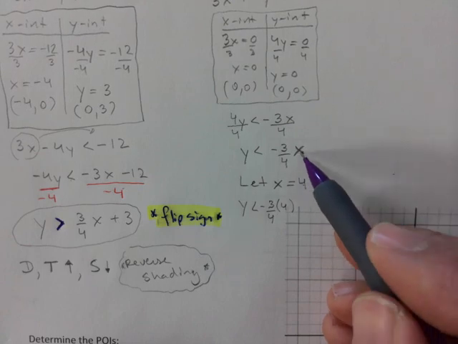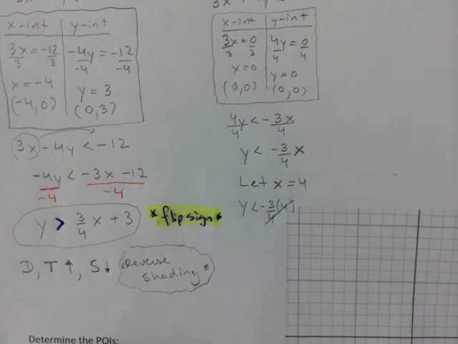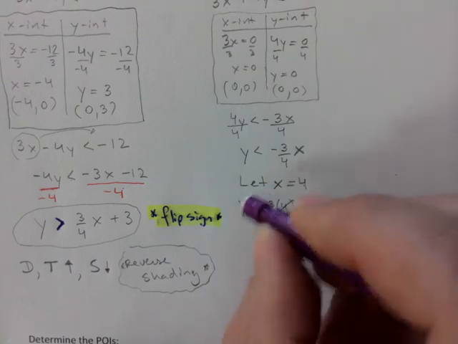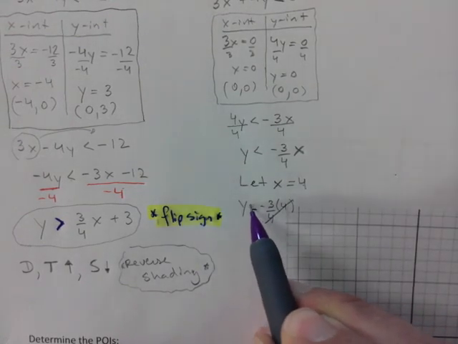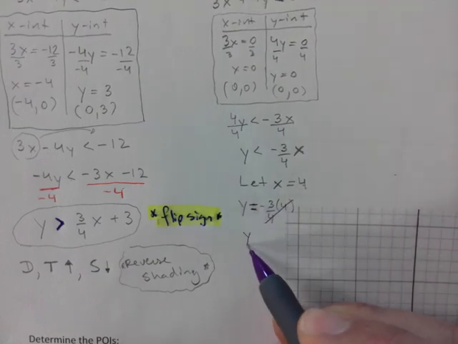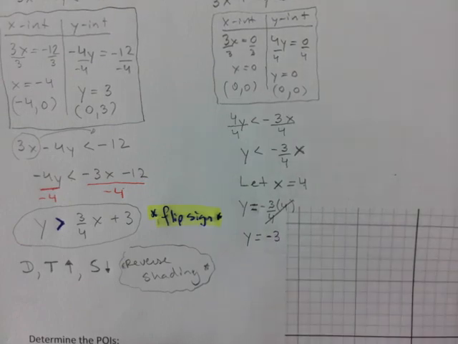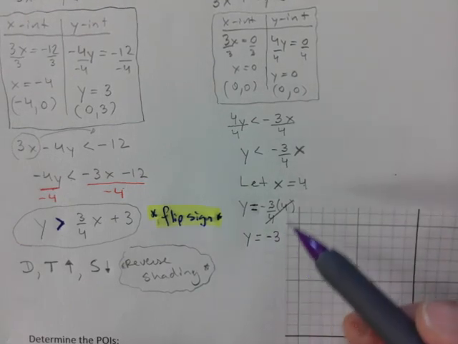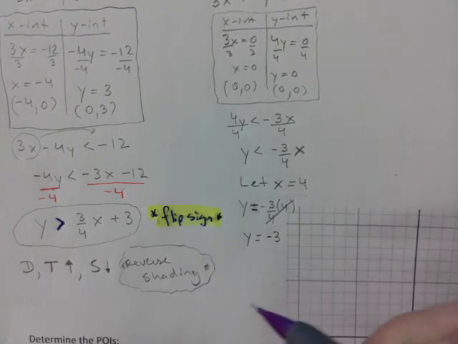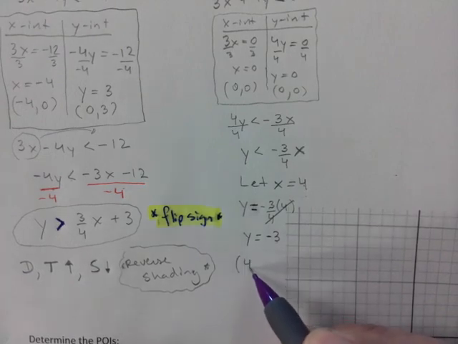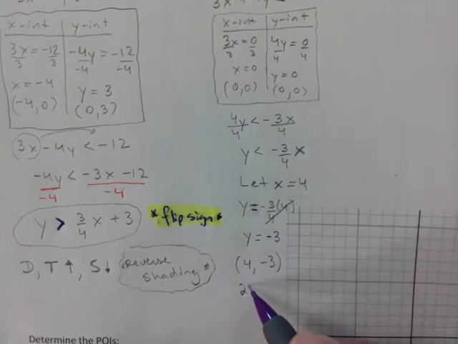I'm plugging 4 there, which cancels. Oh, sorry. For this step, you don't want the inequality there because I'm still dealing with just the line at this point. So what's y equal to? If 4 and 4 cancel, you're left with just negative 3. So when x is equal to 4, y is equal to negative 3. That's what you just found there. So we're going to say the second point is 4, negative 3.